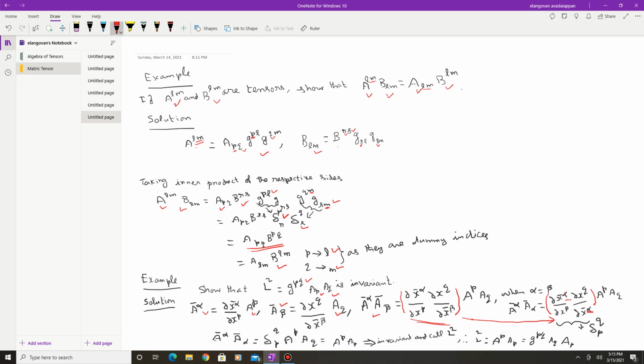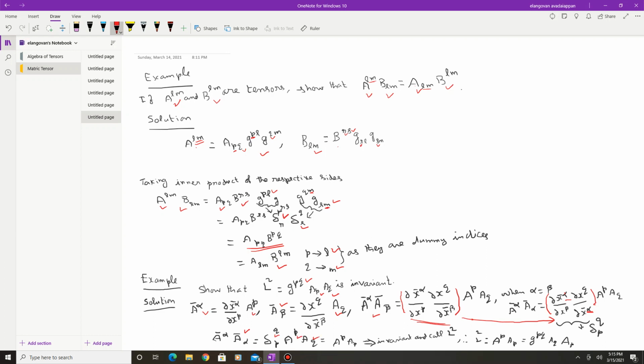So this is a Kronecker delta QP. So therefore contravariant vector A alpha bar, covariant vector A alpha bar, multiply, this expression becomes delta QP and AP AQ.